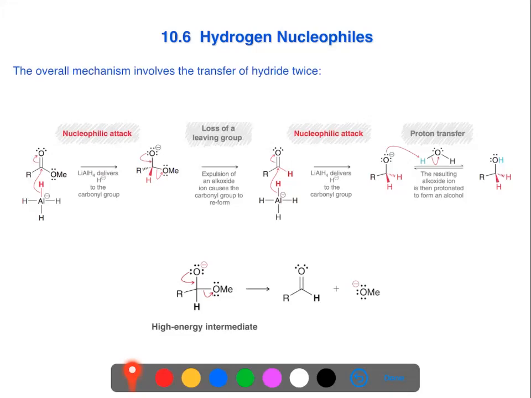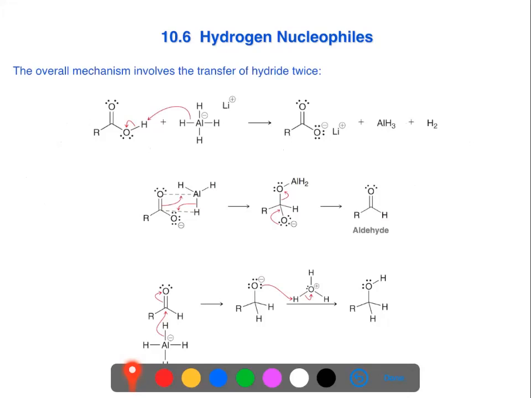So the only difference from the previous examples of nucleophilic addition is that we're generating this high energy intermediate where we have a fairly weak carbon-oxygen bond that can be broken to generate this methoxide as a leaving group. And so other than that, the nucleophilic attack steps are identical, and as we said, the final step is a proton transfer to form our stable alcohol.